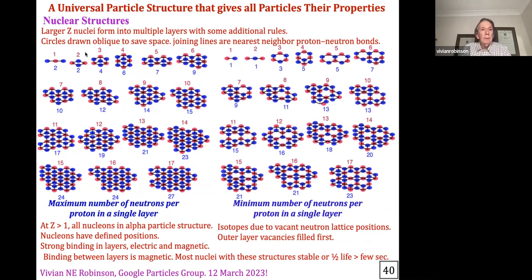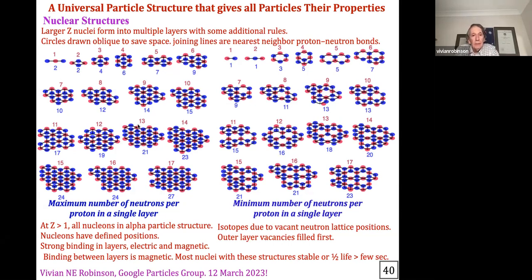Second thing to note: 2 protons, 2 neutrons; 6 protons, 9 neutrons; 9 protons, 14 neutrons; 17 protons, 27 neutrons. In order to fit in this structure, you need more neutrons. As the number of protons increases, you need more neutrons to bind them.